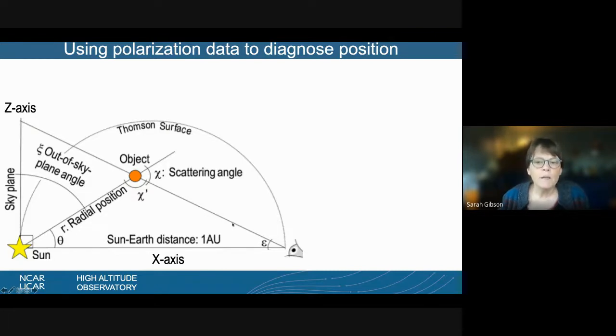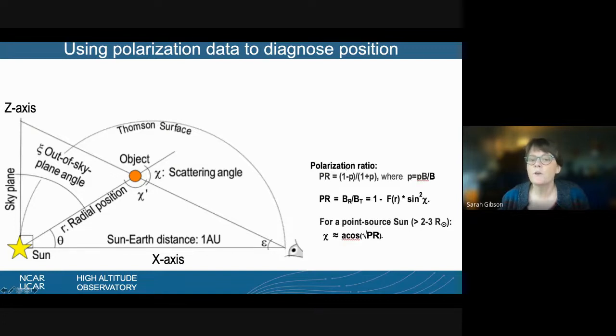But anyway, in 3D Cartesian coordinates, y and z can be obtained from the position of the feature on the map projection. And then it's just a question of establishing where the structure is located along the x-axis, which is where the polarization ratio comes in, because it can be directly related to the scattering angle of light off the object. In particular, PUNCH's polarized brightness and brightness gives that ratio, and that in turn specifies chi, which is the scattering angle.